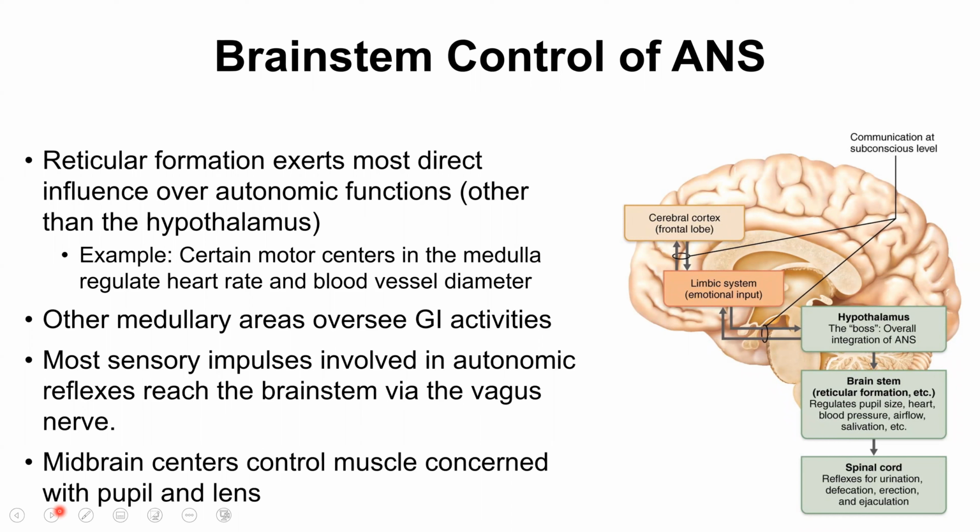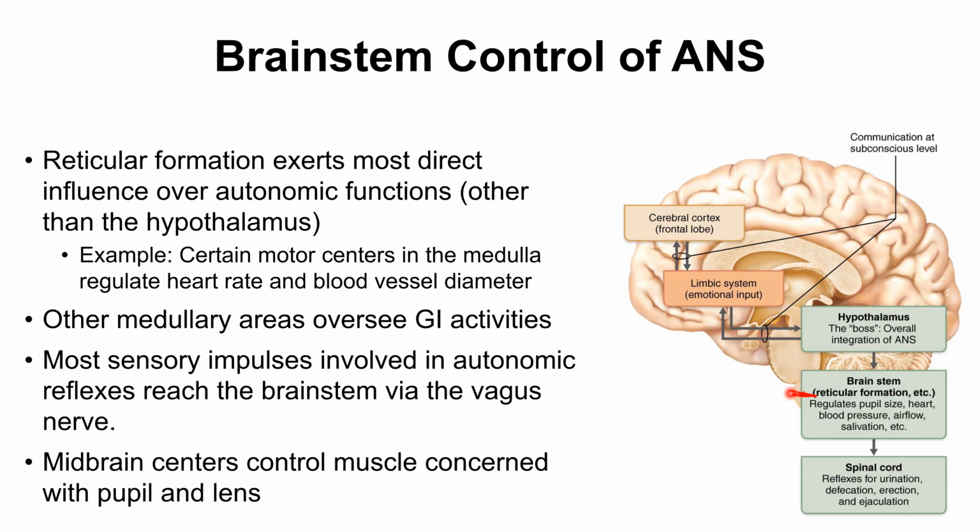In terms of the brainstem, the reticular formation is going to be the one that exerts the most direct influence over autonomic functions, of course, other than the hypothalamus. The hypothalamus is the boss, but coming in close second would be our reticular formation.